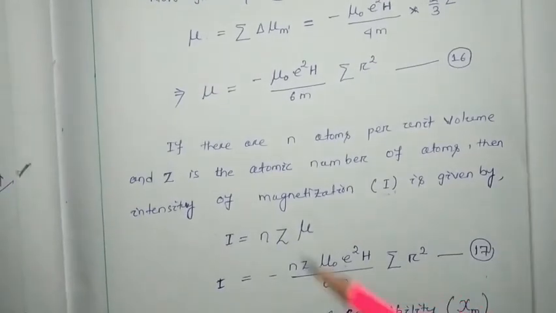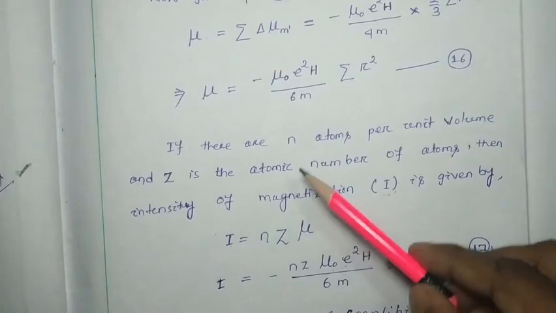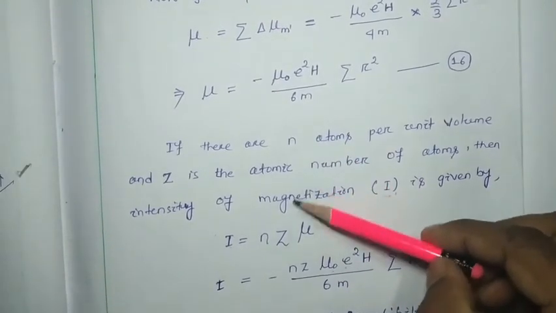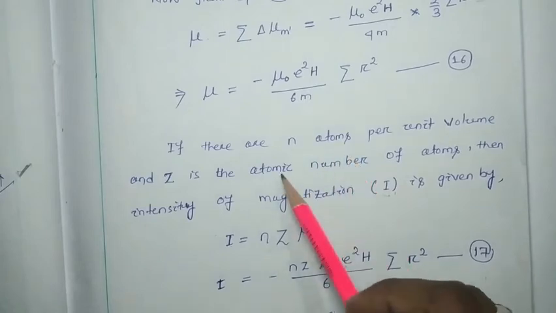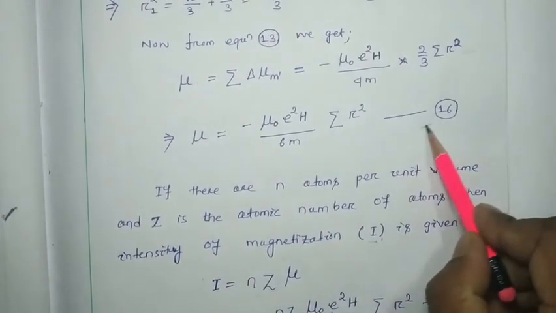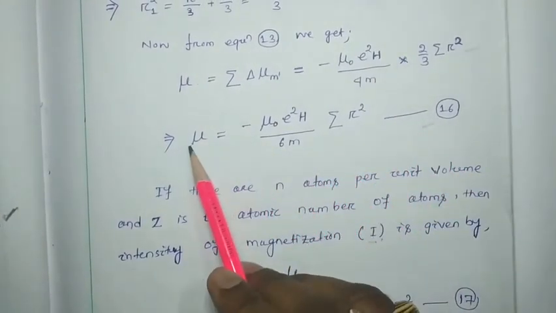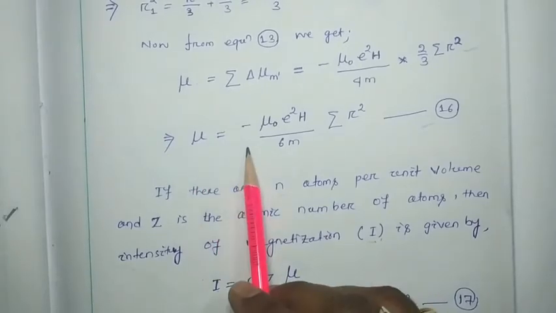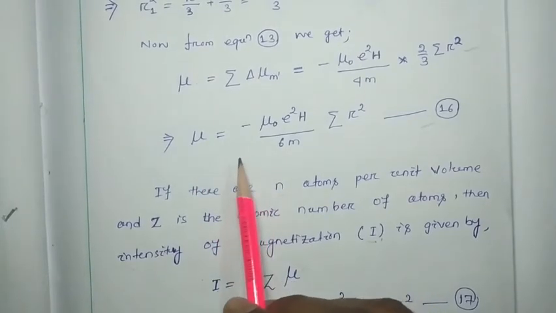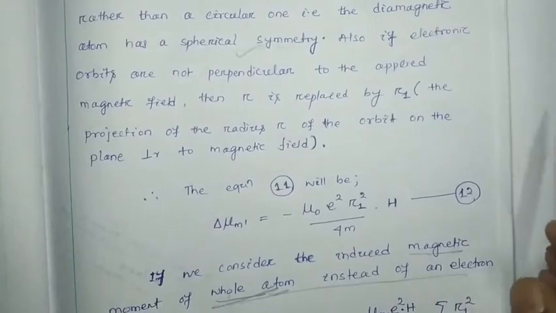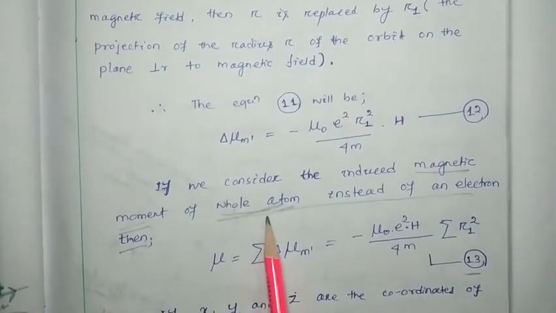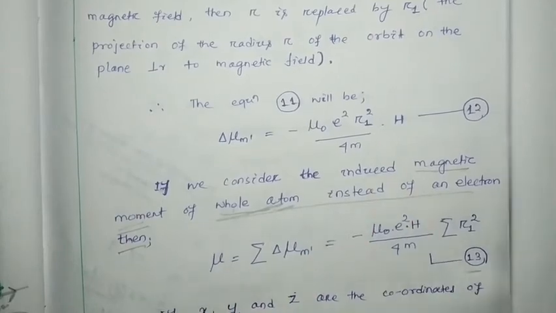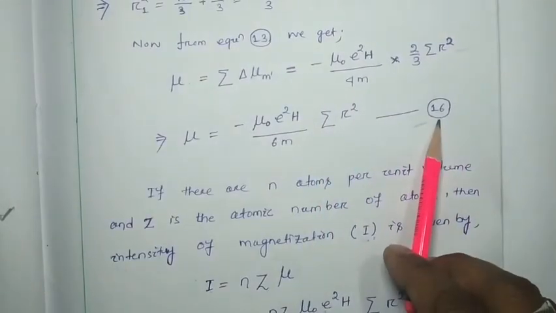Now watch carefully what I am going to explain. If there are n number of atoms, this expression is nothing but the magnetic moment of a single atom, what we have written over here. That is, if we consider the whole atom, for a single atom we found mu in equation 16.